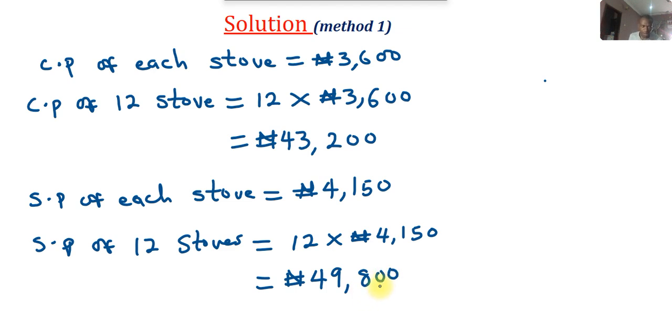So here we have the cost price and the selling price. Obviously we know this is a profit, because the selling price is actually more than the cost price.